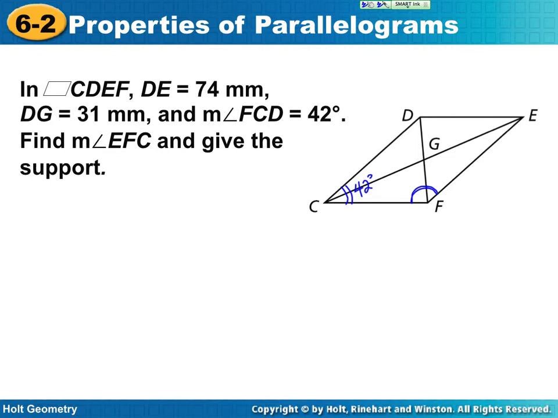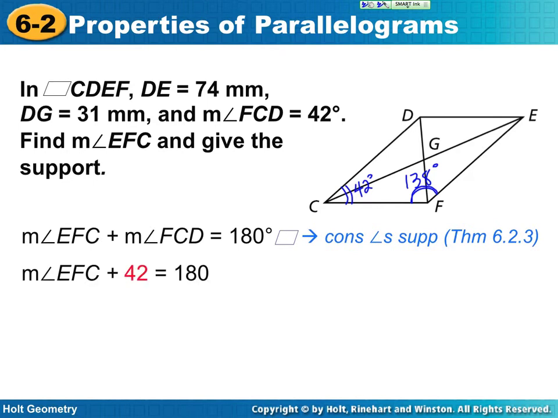So what's that parallelogram consecutive angles theorem say? Consecutive angles are supplementary. So if that whole corner is 42, this whole corner would be 180 minus 42, 138.